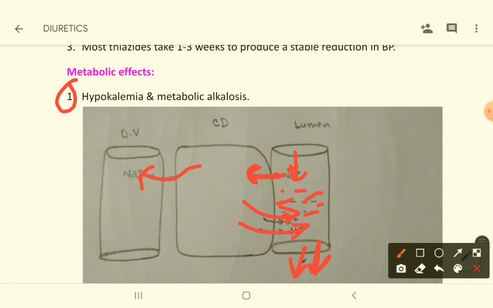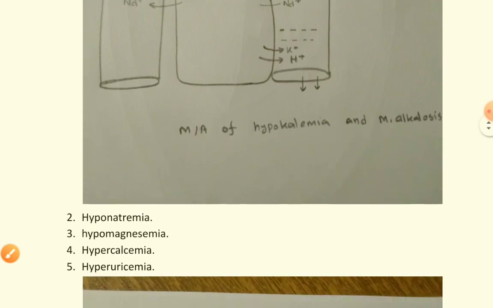If more potassium is excreted, there is production of hypokalemia, and if more protons are excreted, that leads to metabolic alkalosis, right?